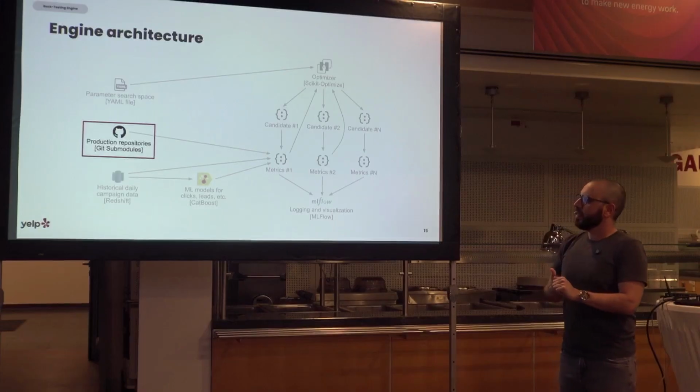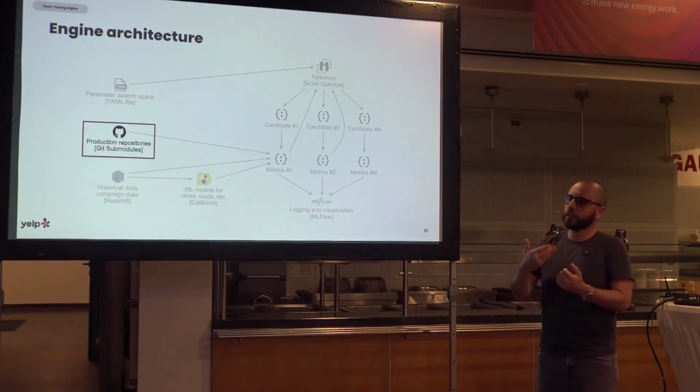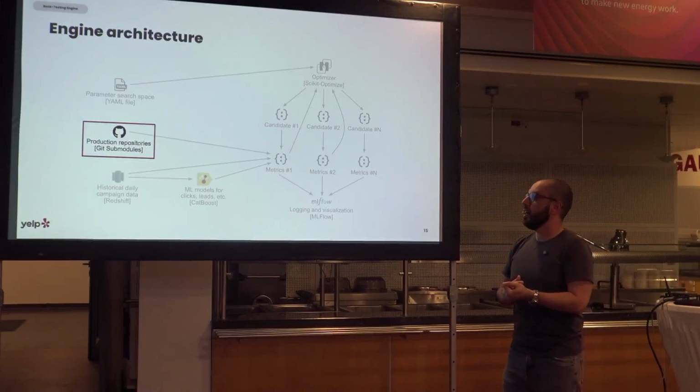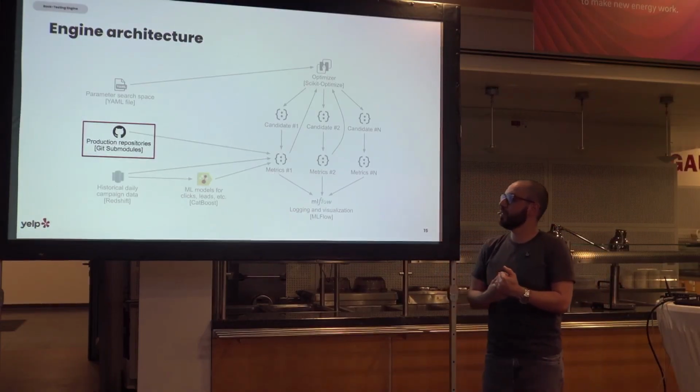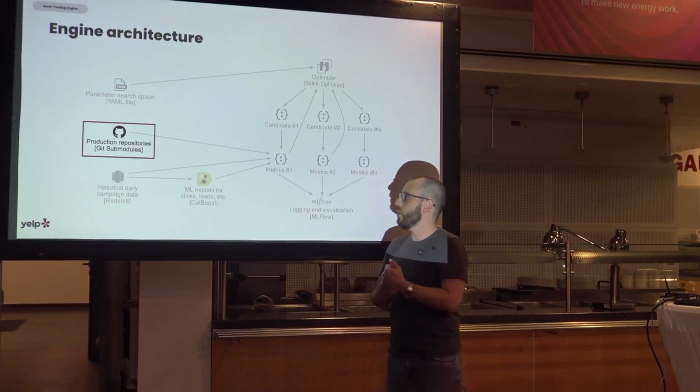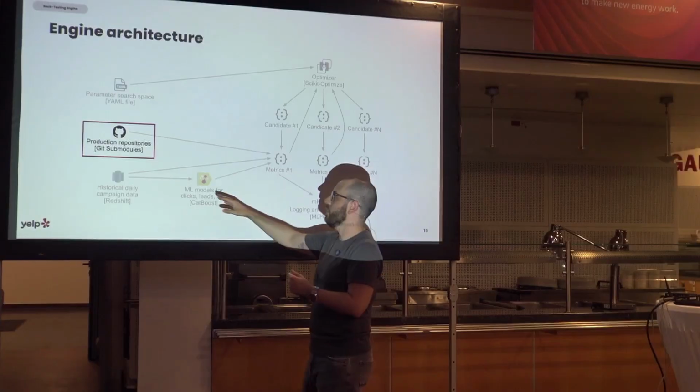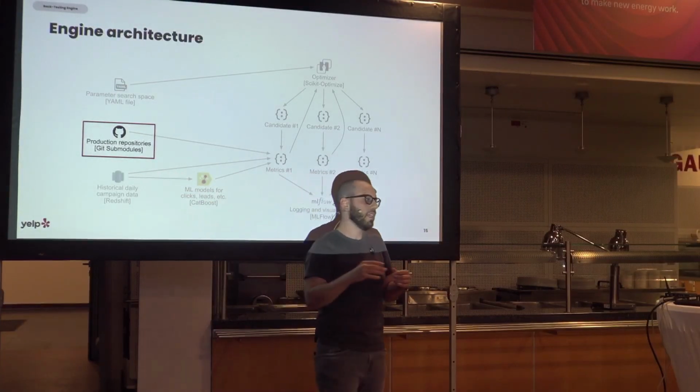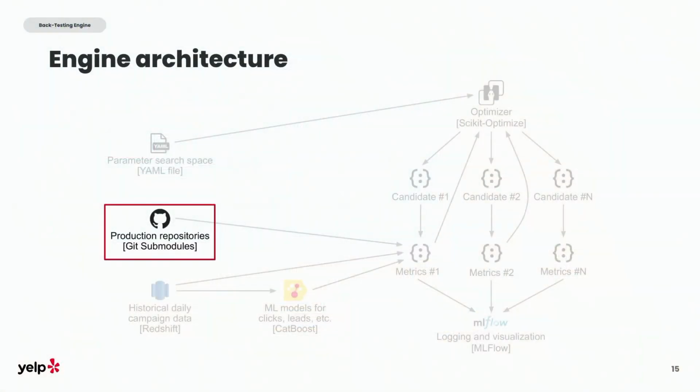When we decided to invest more in this backtesting engine, we had to find a different way to do things. I think the best tool for us was using Git submodules, because they allow you to use Git repositories inside your repositories without copying anything, since they are just linked to those repositories.